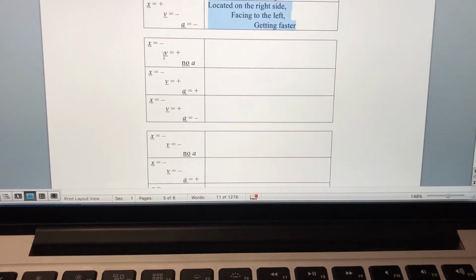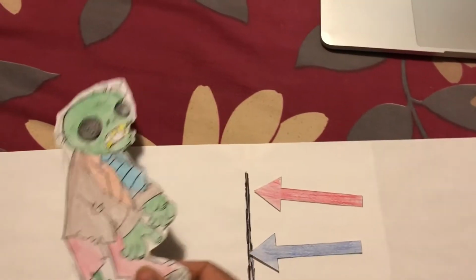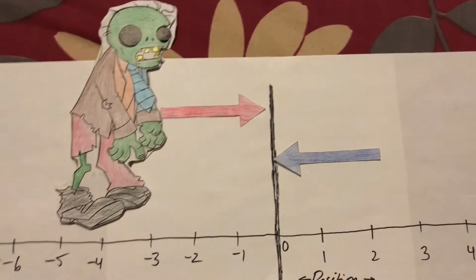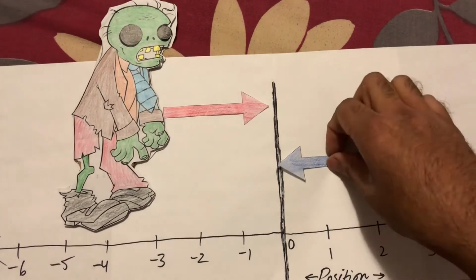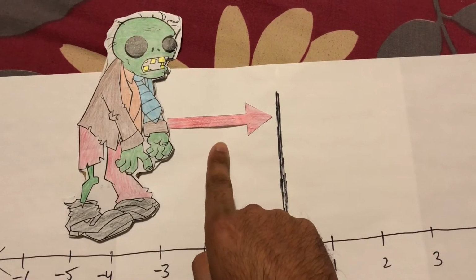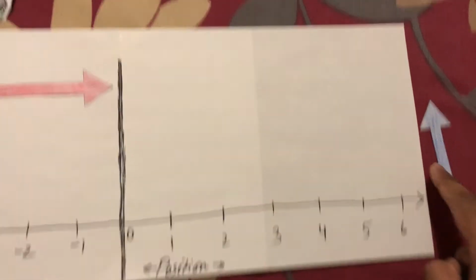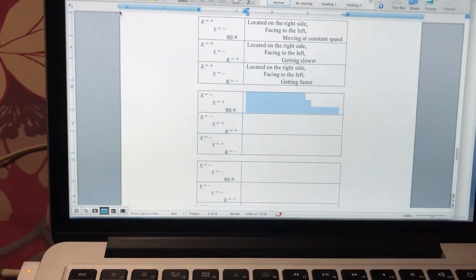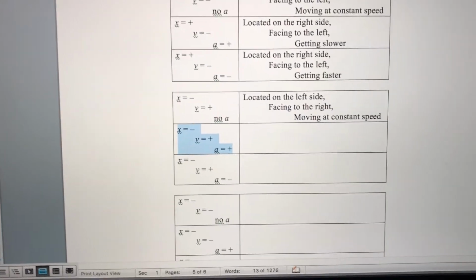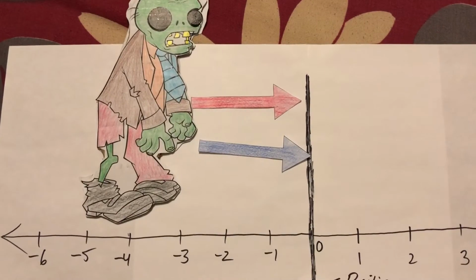Fourth block. Now the x is negative, somewhere over here, but the v is positive, so you've got to be moving to the right side, facing to the right, but no acceleration. Meaning you're on the left, facing right, and no acceleration, so you're moving at constant speed. But if you add now acceleration to the positive, that's going to make it get faster.